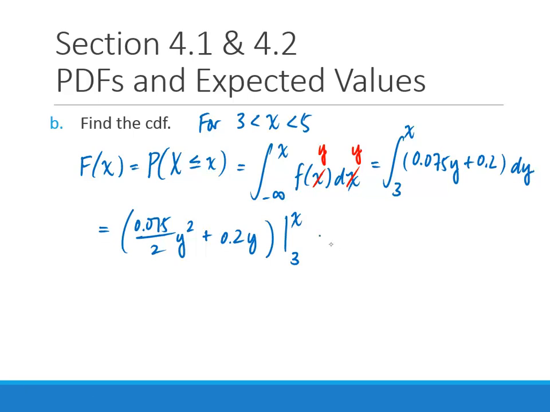I'm going to let you actually write that out if you want. What you should get is 0.0375 x squared plus 0.2x minus 0.9375.